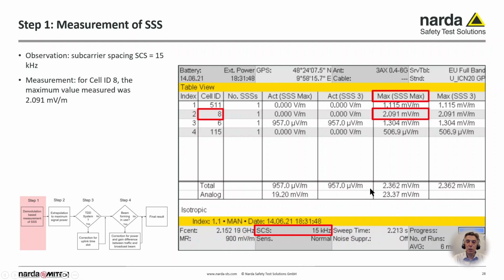One topic you have to set here also is the SCS, and this is here 15 kilohertz. So for frequencies below 7 gigahertz, we have 15 kilohertz or 30 kilohertz, which we can set. We will see in the next slide why it is important.